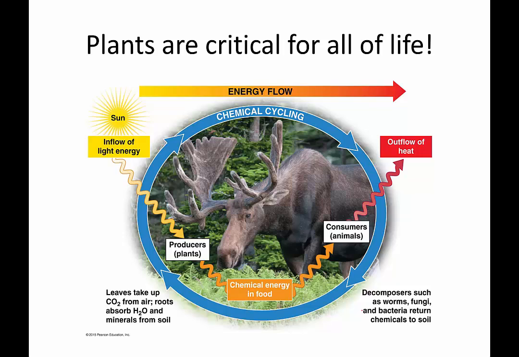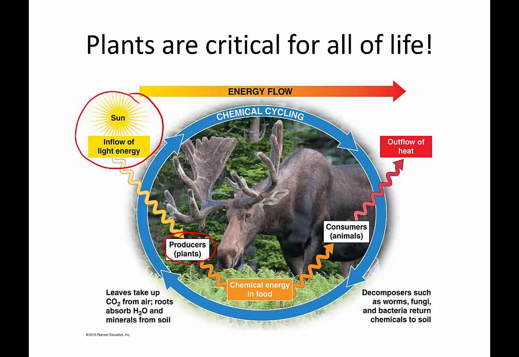I want to make an important point with this slide, and that's the fact that plants are critical for all of life. As you know from chapter 1, the sun is really the source of all energy on Earth, and really the only organisms that can utilize that energy are plants. When we talk more about ecosystems and ecology, we'll talk more about what I mean by producers, as shown in this figure right here. Plants produce energy for everything else.